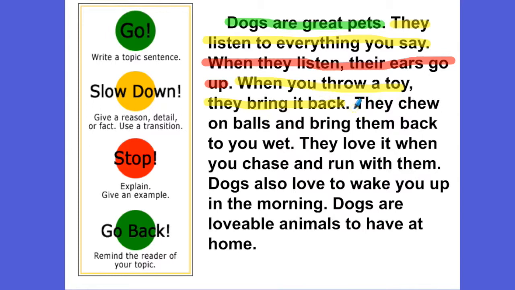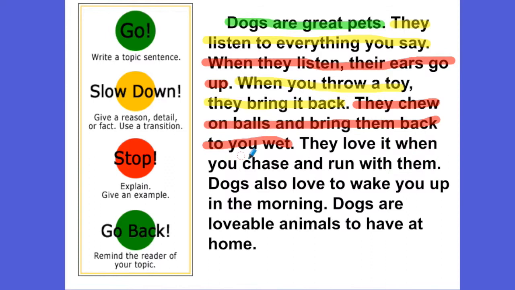Let's see what else it says here. They chew on balls and bring them back to you wet. Is this talking about bringing back a toy, or is this something new about dogs? Here is an explanation of a detail. It's telling me about the detail. Let's read the next sentence.